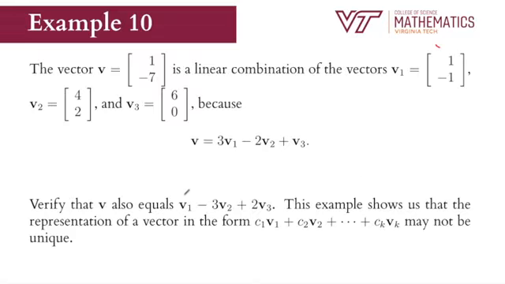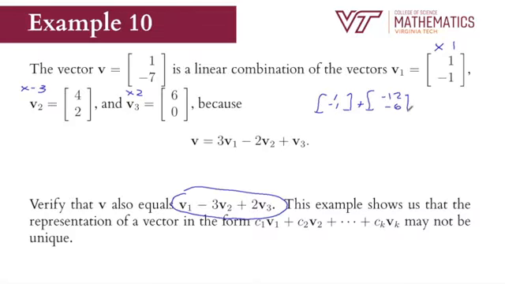But we can also use this combination. If instead I weight this first vector by 1, this second vector by negative 3, and this third vector by 2, well, then what do we get? The first vector stays the same, so that's 1, negative 1. The second vector gets multiplied by negative 3 this time, so that's negative 12 and negative 6.